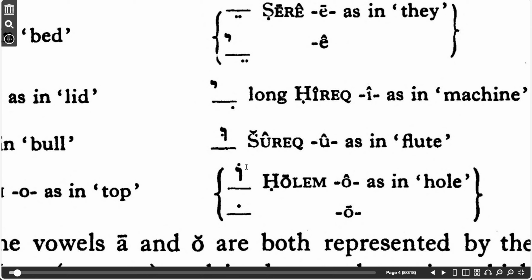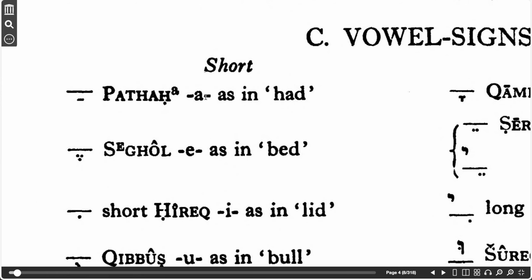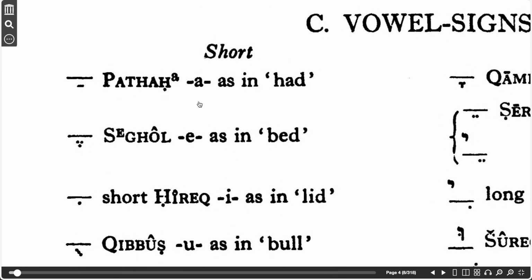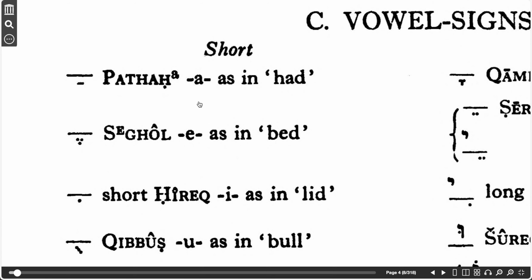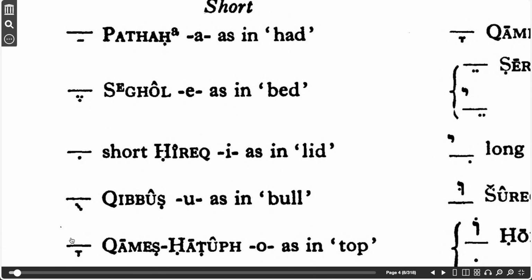Again, I'm going to put all of this in Quizlet so that you have it at your availability to learn these. You want to learn these as you go down the page, okay? You want to start with A, E, I, O, U, short and long. So what is the A vowel? What is the E vowel, I vowel, O vowel, and U vowel in Hebrew? So you want to memorize them down the page.